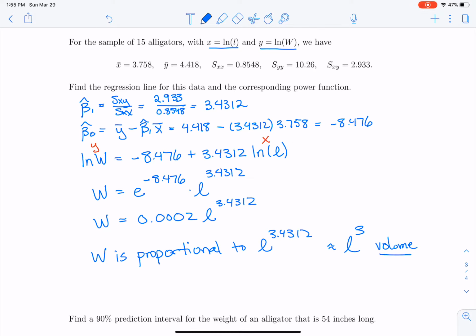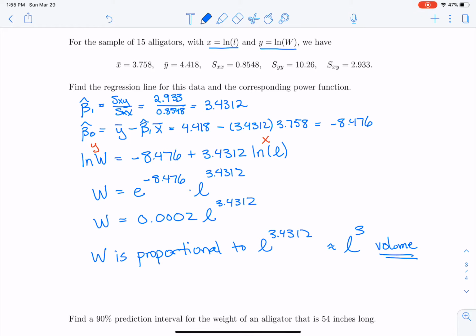So what we're saying is that weight is going to be somehow proportional to a volume. Of course, it's not exactly 3, because our alligators are not spherical or a cube or something like that, but you can see that weight is proportional to volume.